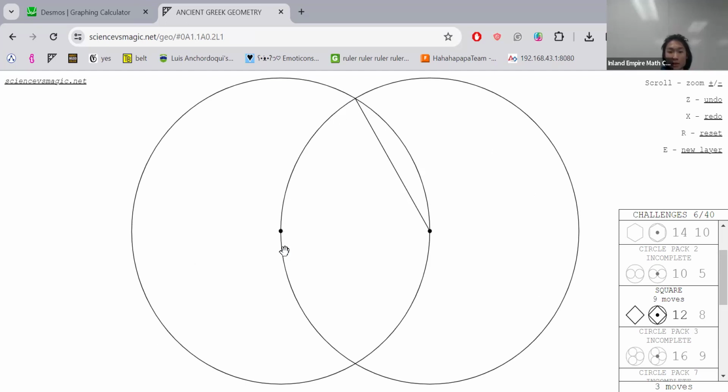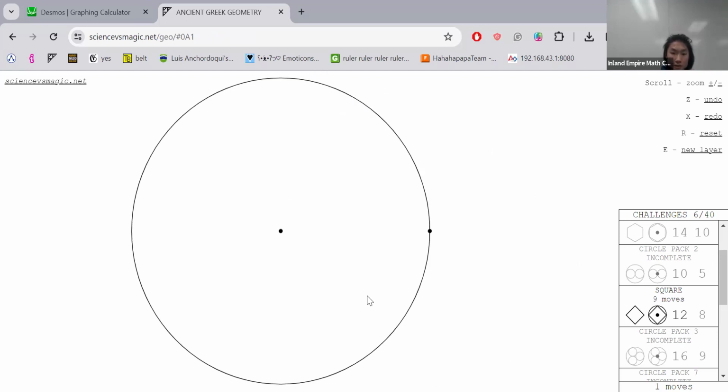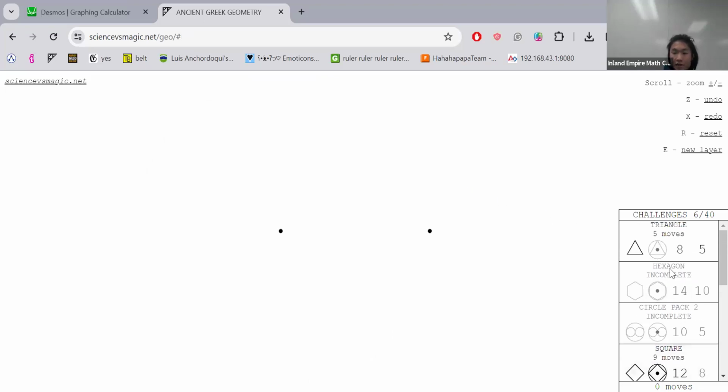All right, so now I'm going to send the meeting link, sorry, this puzzle link into the chat so you can take a look at that. Let's try to build the hexagon, using a pretty similar idea to the triangle.